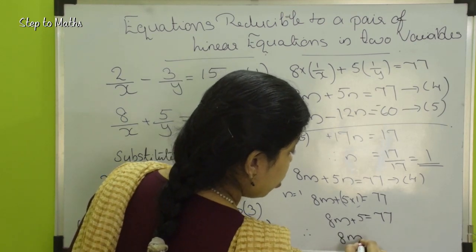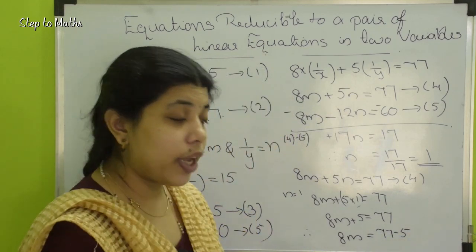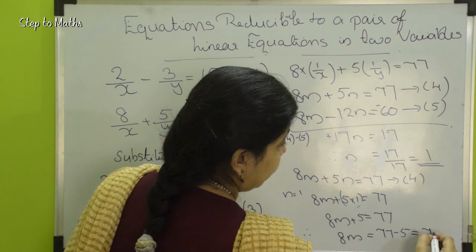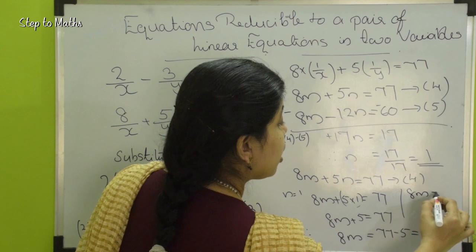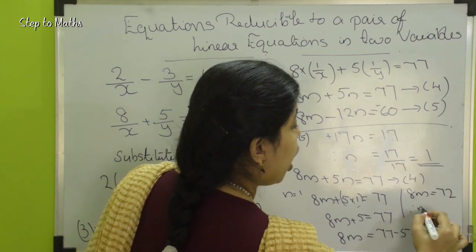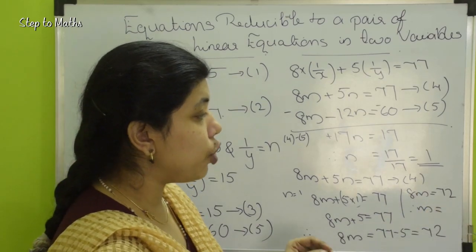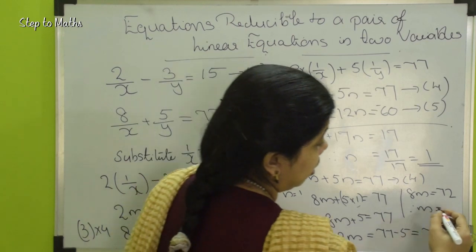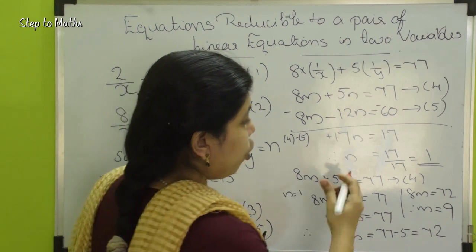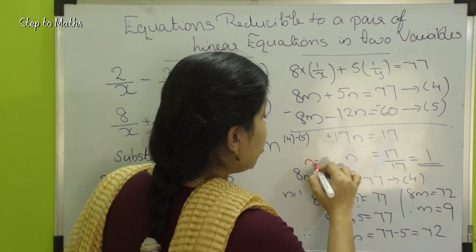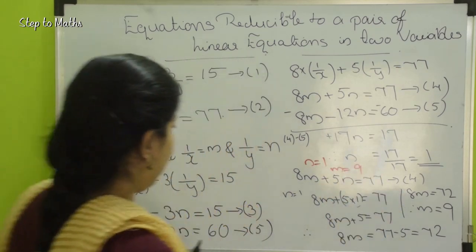Therefore, 8m equal to 77 minus 5, and 77 minus 5 is 72. 8m is equal to 72. Therefore, the value of m is equal to 72 upon 8, which is 9. Here we get the value of variable n equal to 1 and m equal to 9.